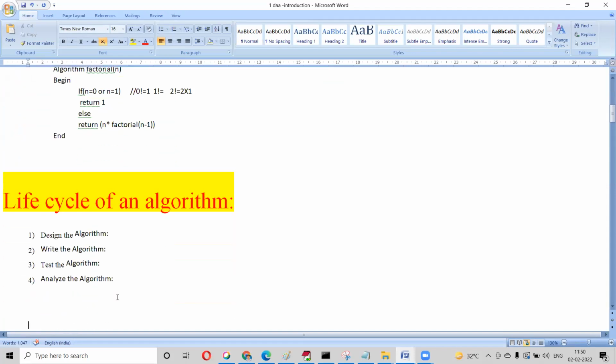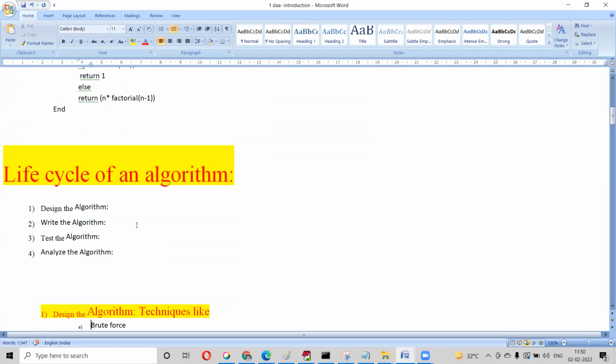Now, what is the life cycle of an algorithm? An algorithm can go through these life stages. First design the algorithm, then write the algorithm. Once you design it, you need to write the algorithm by using pseudocode.